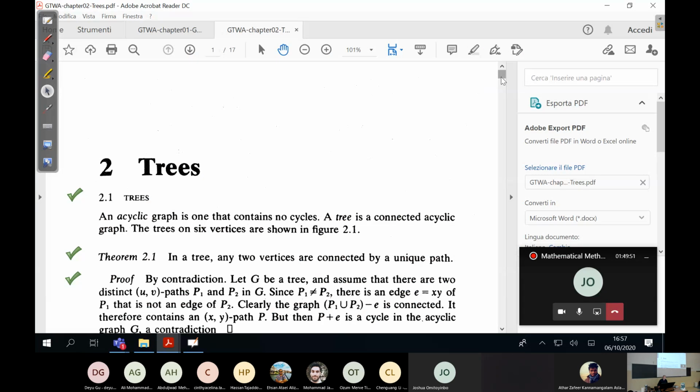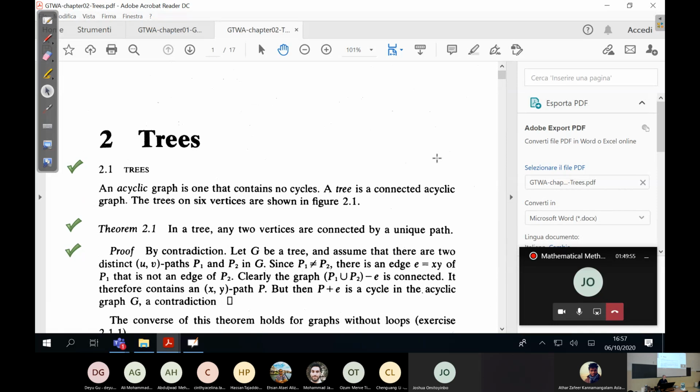So, trees. This is one of the long chapters, meaning that when I give you my subjects for the exam, one of the two titles I give you can be trees, or graphs and subgraphs, or vertex colorings, or directed graphs or planar graphs.